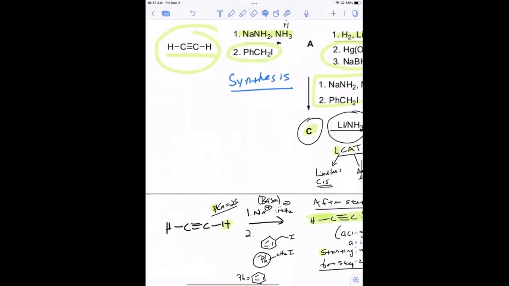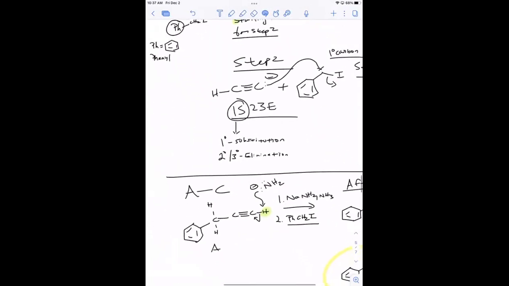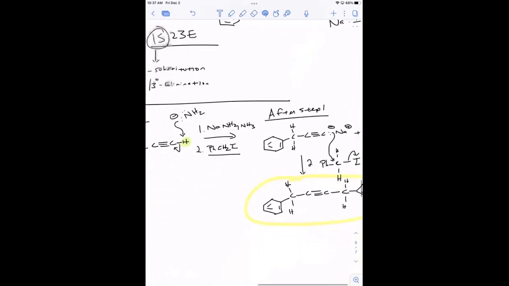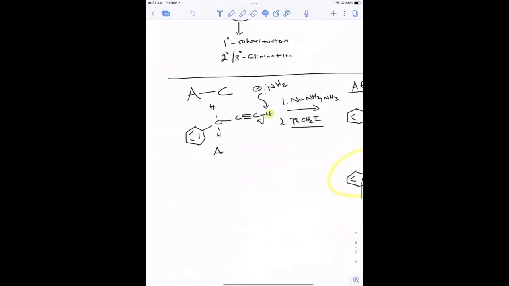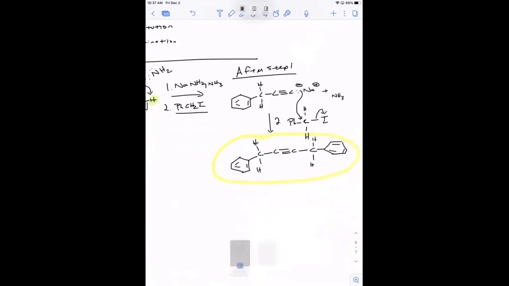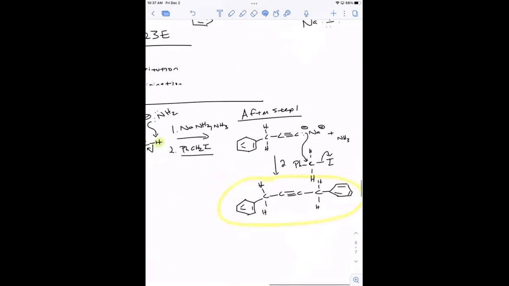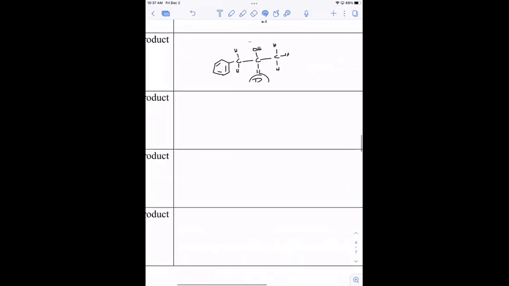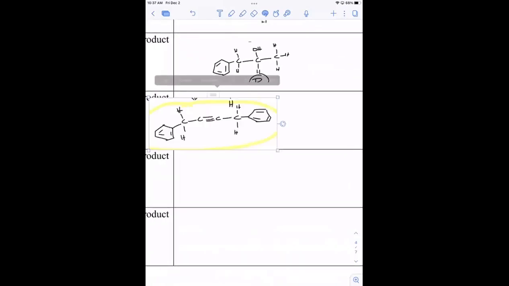Now, what do we have? What was C? C was all the way down here. This was C, is that right? Yes. Put that in the box for C. Still picked up that hydrogen.